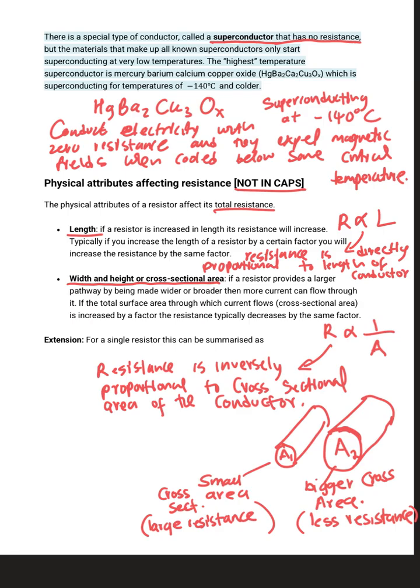It means the electrons or the charges will be close to one another, so they will be able to collide, while in this conductor, because it's wider, the electrons will be free to move without affecting each other or colliding most of the time, right?